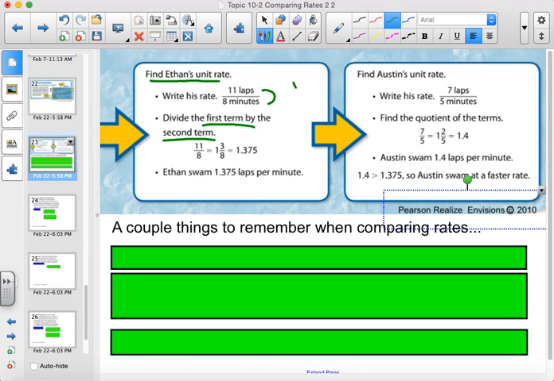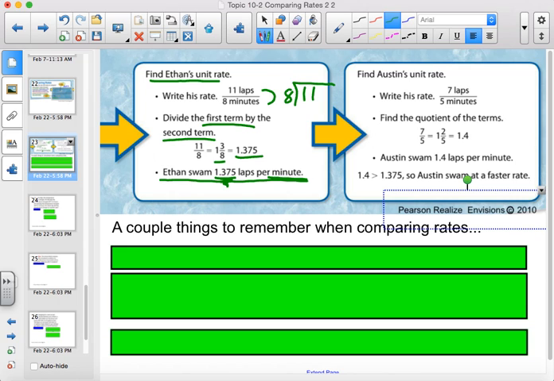In other words, you would take your 11 and divide it by 8. When you do that, you get 1 3/8, which is equal to the decimal of 1.375. So Ethan swam 1.375 laps in 1 minute. In 1 minute, he swims a little over a lap.